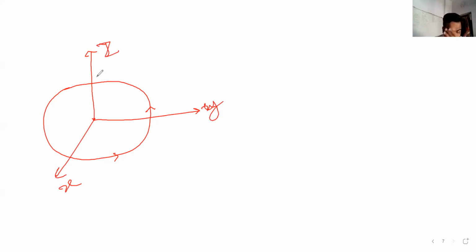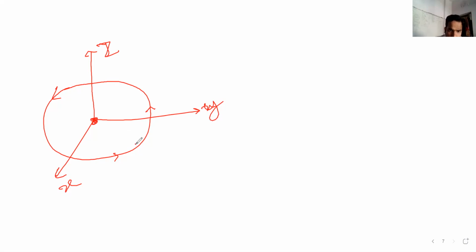Now, what I wish to find is H because of this current carrying circular loop at the center of this loop. Is the objective clear? Yes. Okay, so we wish to find H at this point.